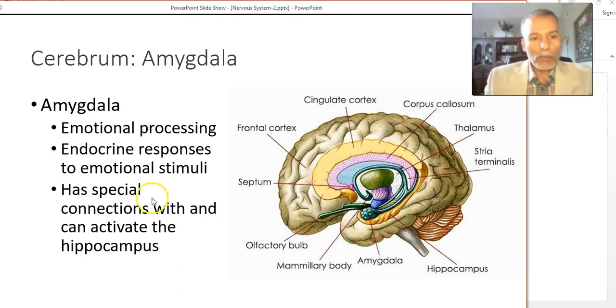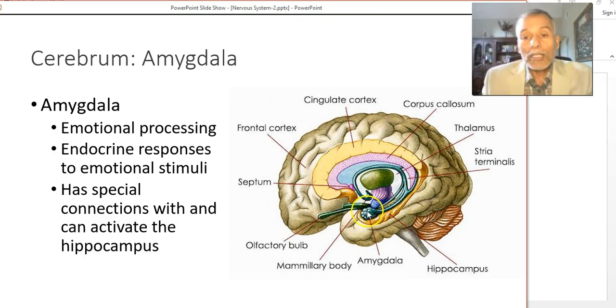So it has a major role in, for example, the fight or flight response. It is regulated also by the amygdala. People who have phobias, you are afraid of spiders, or elevators, or whatever, they have a hyperactive amygdala.